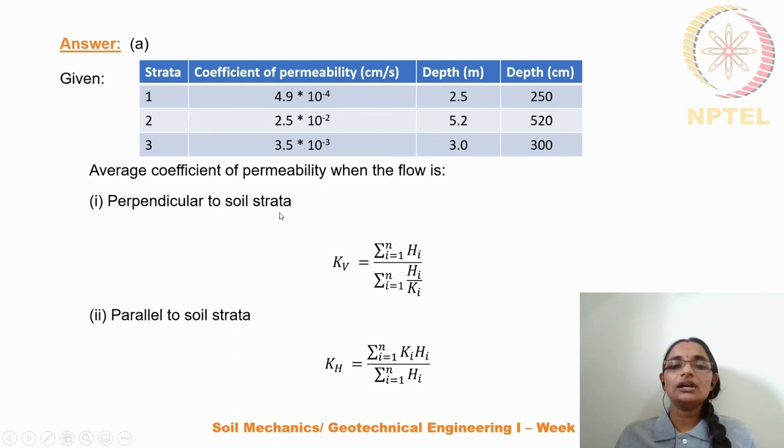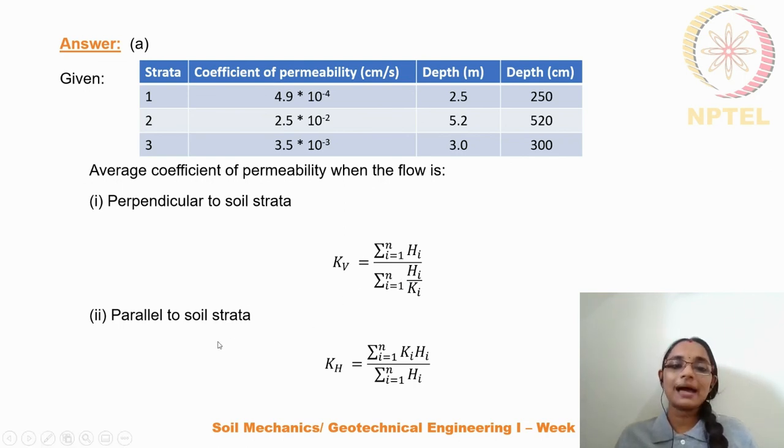When the flow is perpendicular, the average coefficient of permeability in the vertical direction Kv is equal to sigma i equal to 1 to n Hi by sigma i equal to 1 to n Hi by Ki, where H is the depth of the soil stratum, K is the coefficient of permeability of that stratum, and n is the number of strata.